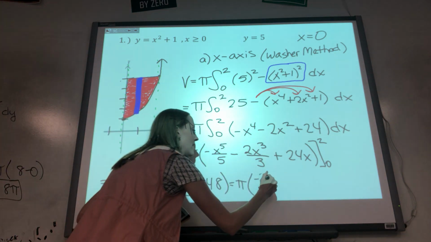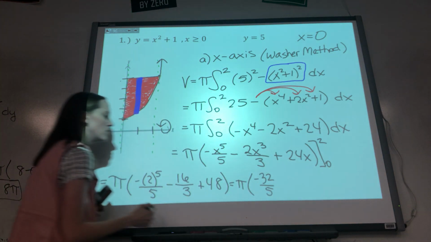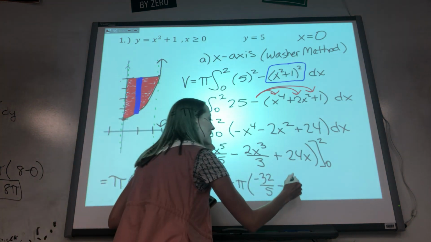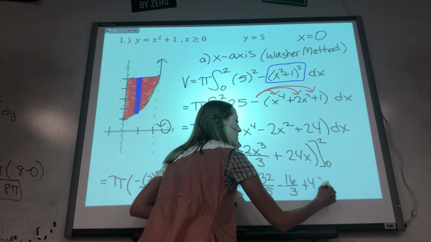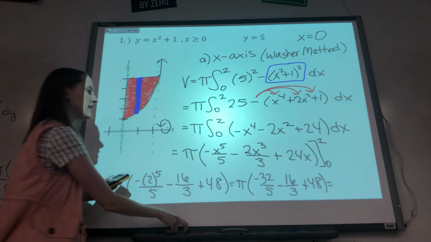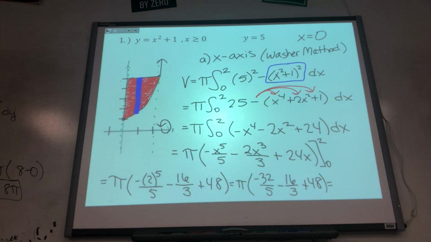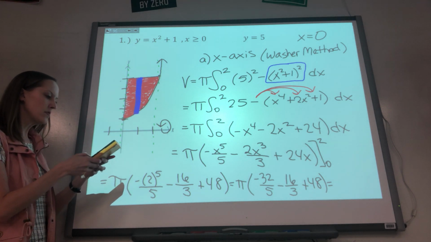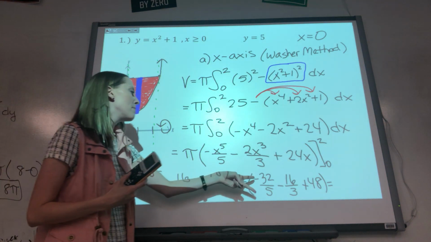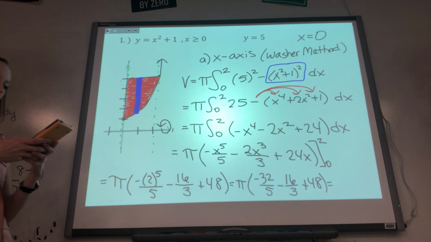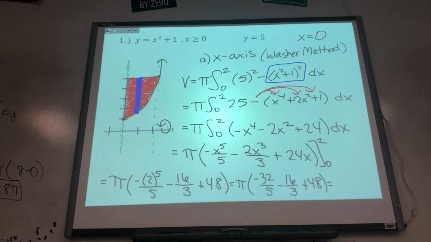I'm taking negative 32 fifths minus 16 thirds plus 48. I'm going to have just enough room, hopefully, to type this in. Negative 32 divided by 5 minus 16 thirds. I'm basically putting those fractions in parentheses when I type them in.